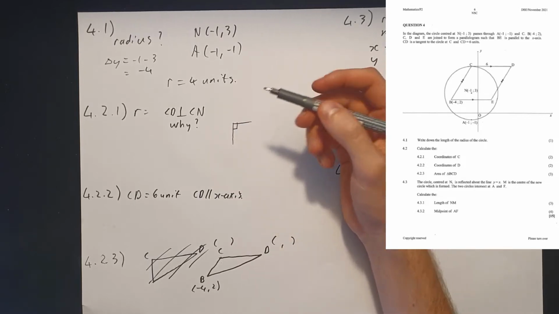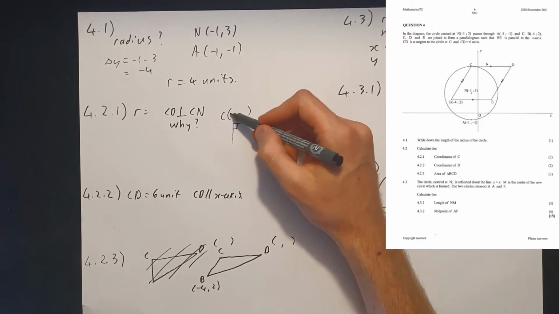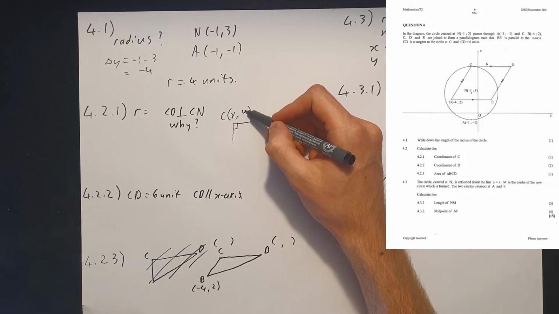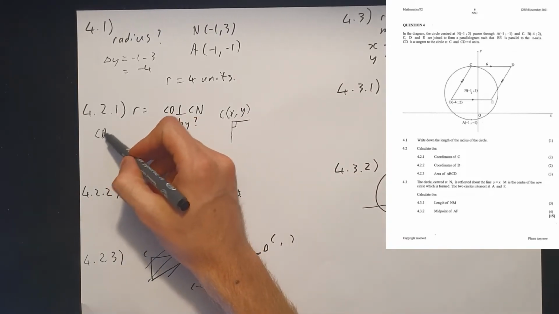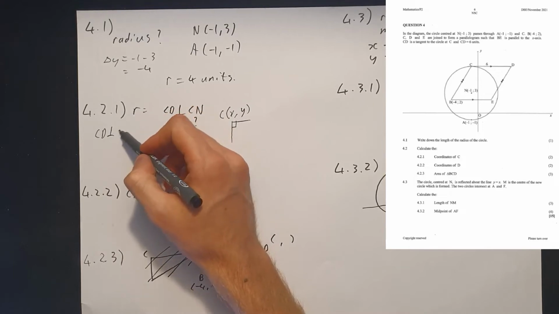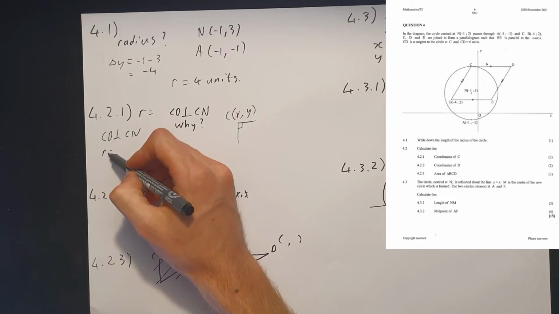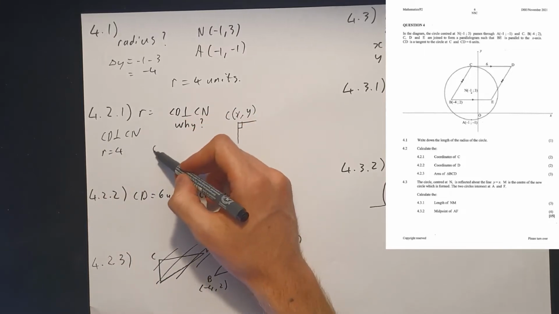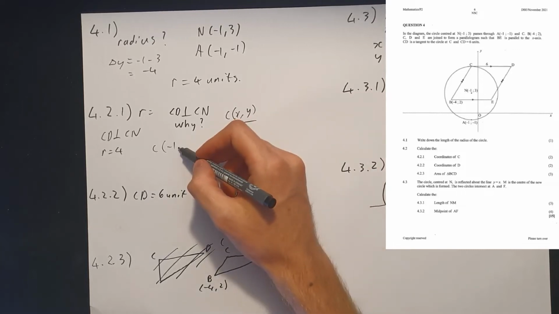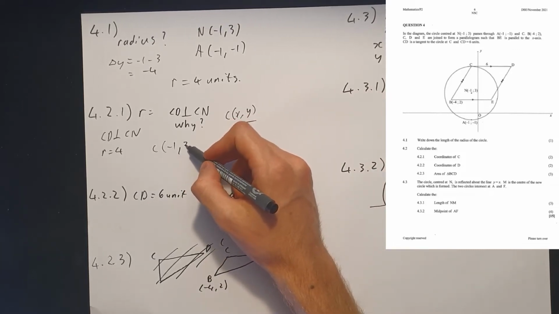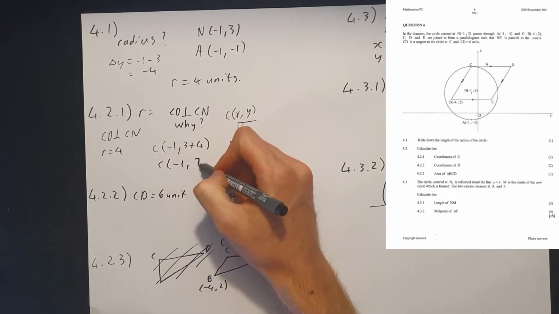By knowing that, we know that C sits in the same line as N and A. Because CD is parallel with the x-axis and the radius is 4 units, C will have the same x coordinate as N, -1, and it's going to be 3 units plus an additional 4 units, so therefore C is (-1, 7).